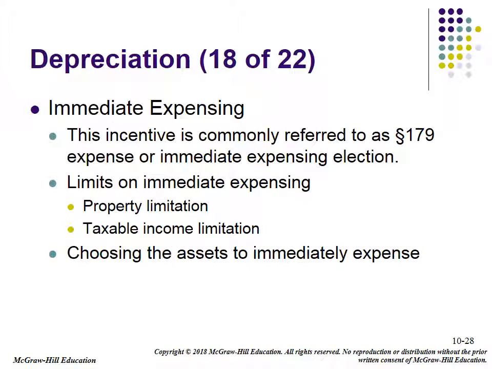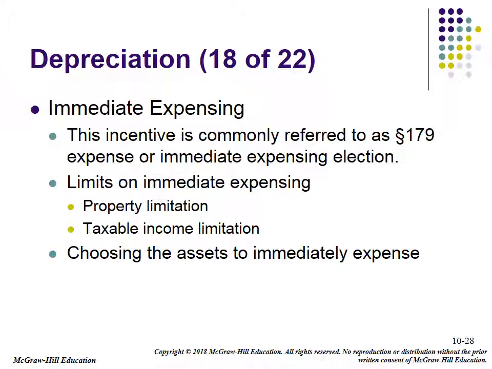Improvements to non-residential real property placed in service after the date the building was placed in service, including roofs, heating, ventilation, and air conditioning, fire protection, and alarm and security systems. So those kind of improvements on non-residential real estate are allowed to be immediately expensed now, where in the past they weren't.